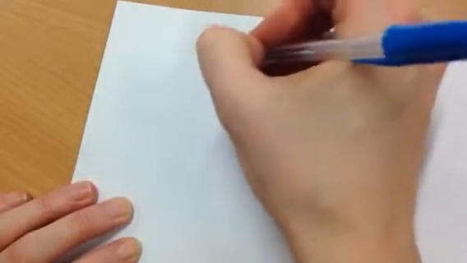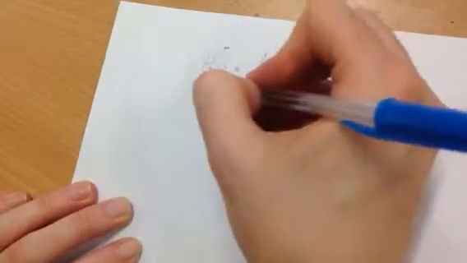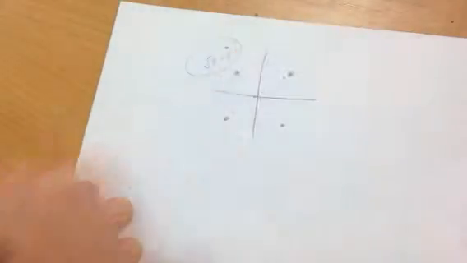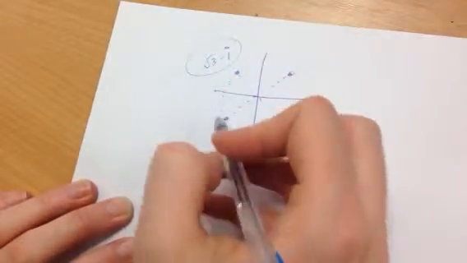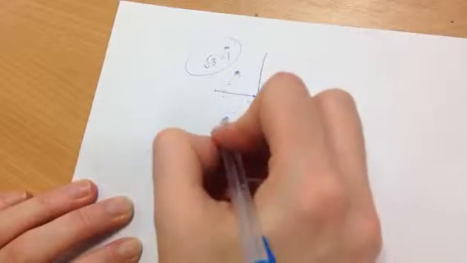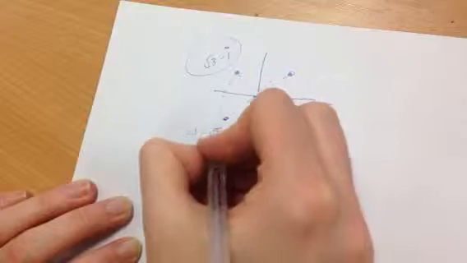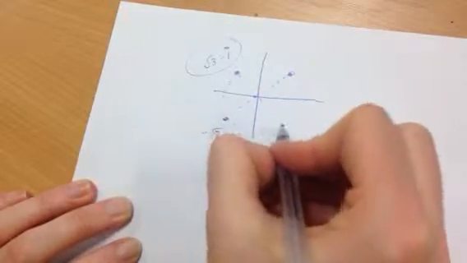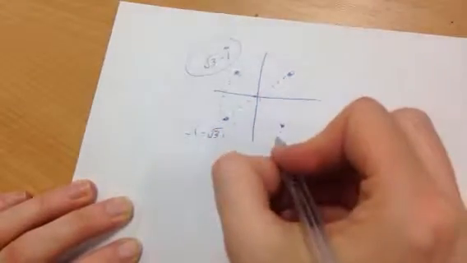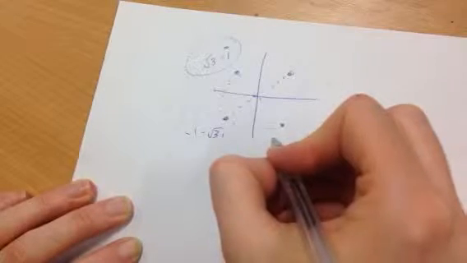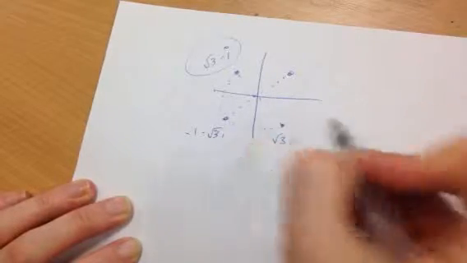How do you rotate by 90 degrees? That's just by multiplying by i. So if you take this and multiply by i, you'll get this one here, and if you multiply by i again, you'll get this one here, which is root 3 minus i.